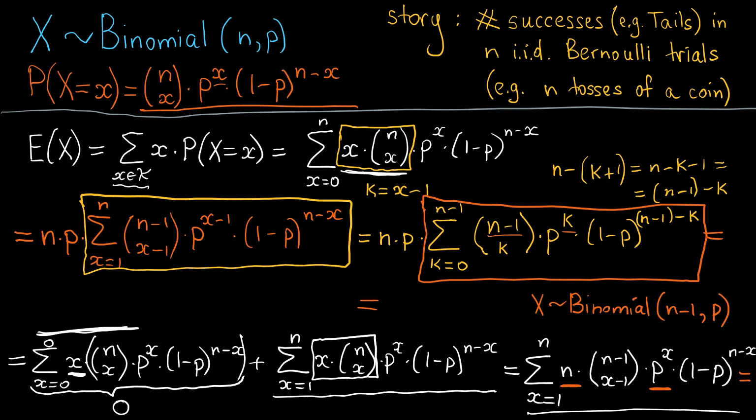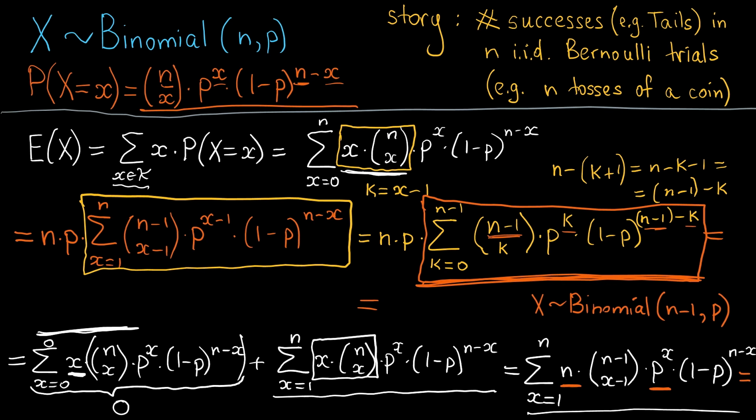And 1 minus p is raised to what? n here, which is the first parameter, and n minus 1 here, the first parameter, and we have a minus x, and then here it's a minus k. Perfect. So this expression here indeed is the sum of a binomial n minus 1, p random variable over its entire support, because the support of such a random variable would go over the integers 0, 1, 2, 3, and so forth up until n minus 1, because there are n minus 1 trials here.